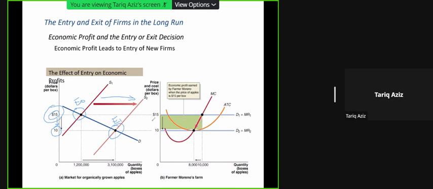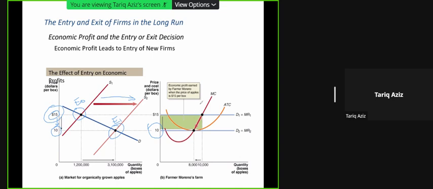But now, because new firms have entered the market and the supply has increased, instead of $15 per unit, the firm is able to sell only at a price of $10 per unit. So as a result of competition, as a result of the entry of new firms in the market, the prices have reduced, and as a result, the profit of every firm will also reduce.